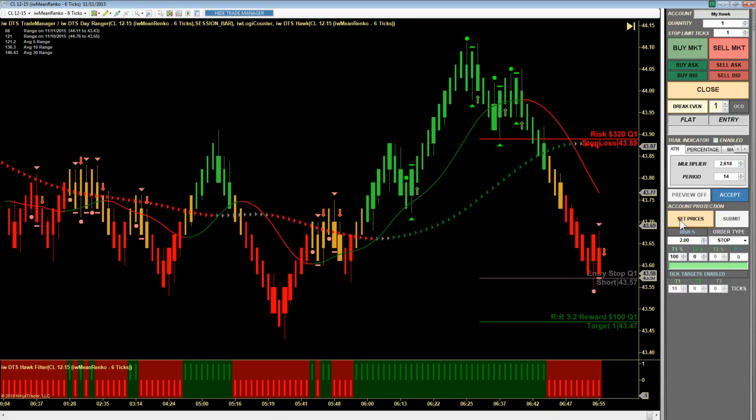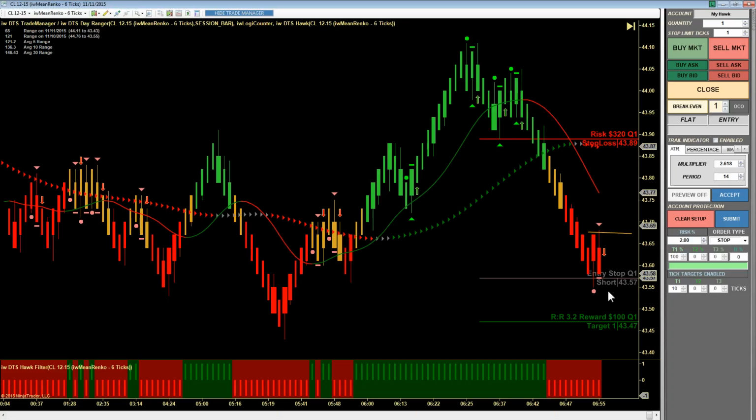Now, talking probabilities, not risk-reward ratios, what is the probability that this trade will work out versus the probability that this trade will work out? Well, intuitively, it should make sense that this trade has a higher probability of working out than the one where my stop loss is right here.